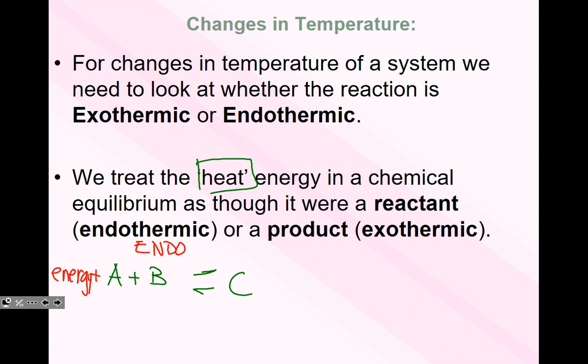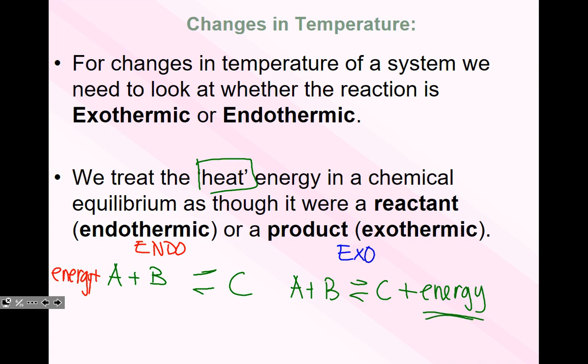Now, if we're looking at exothermic, we have A plus B, we have the energy as a product, right? And when we're talking about these equilibrium changes and shifts to the products or reactants, we think of this energy as an entity, okay?